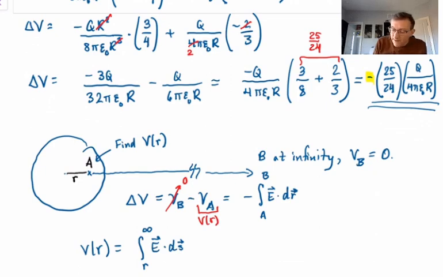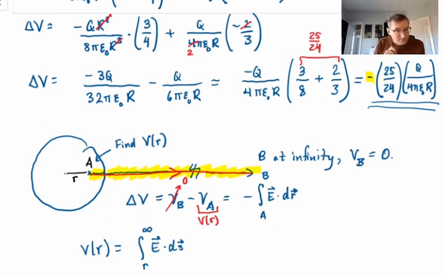So then you would integrate along a path from A to B, out at infinity. And you would plug in, notice you're going to have to break it up into two regions, the integral, first from point A out to the surface of the sphere, and then use the electric field expression E1, and then from the surface of the sphere on out to infinity, all the way out, but for that you use E2.